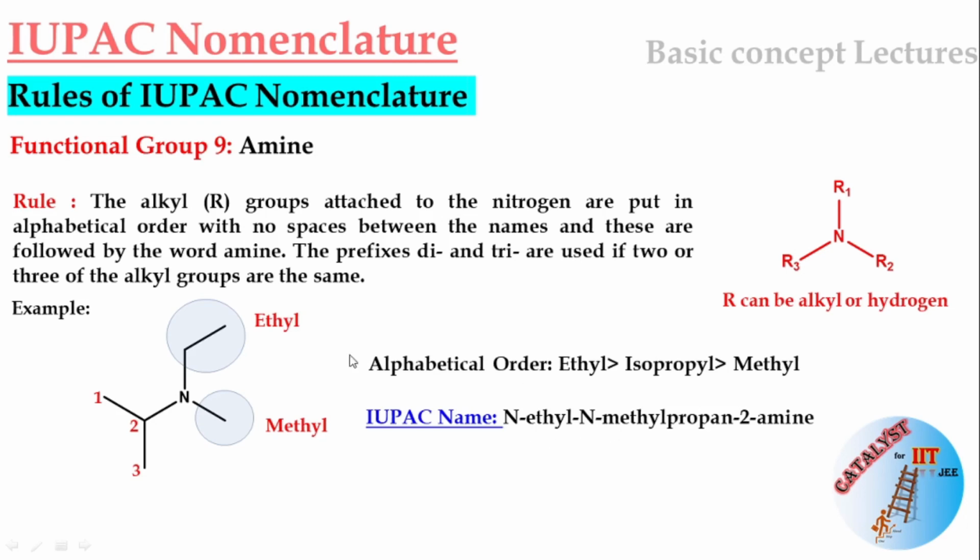Okay, so N-ethyl, N-methyl, because E comes before M in alphabetical order, and propane 2-amine, because on the second position this amine functional group is present. Okay, that's how you have to first recognize the substituents present on this nitrogen atom, then find your parent chain, then arrange them in alphabetical order, and the last step is to name your IUPAC according to this rule.